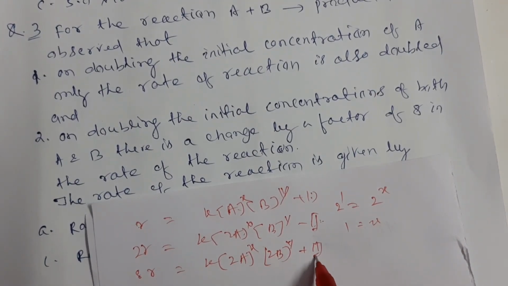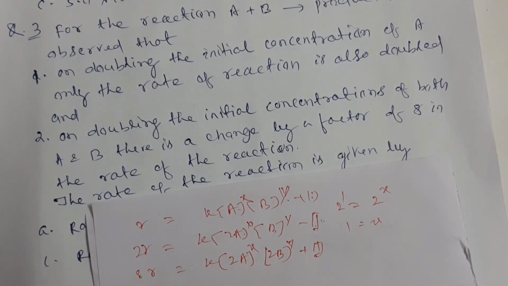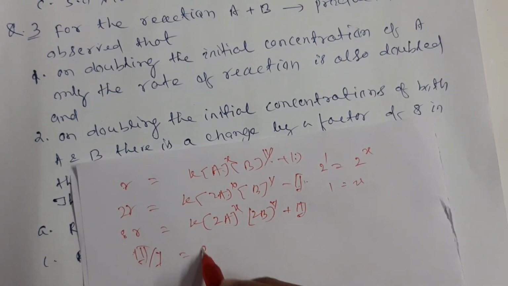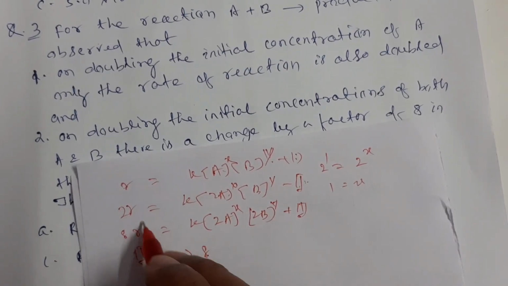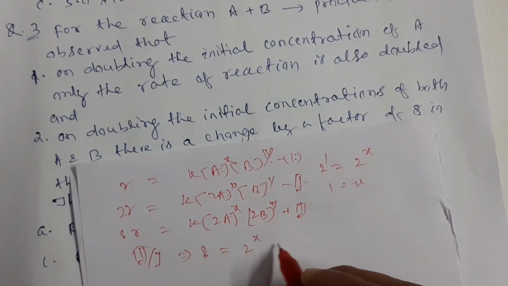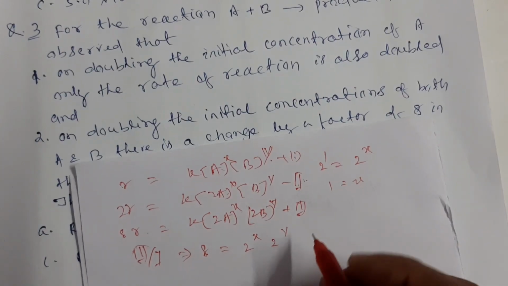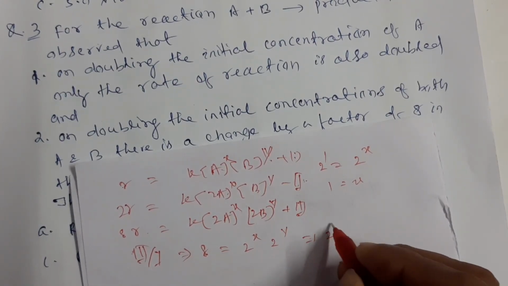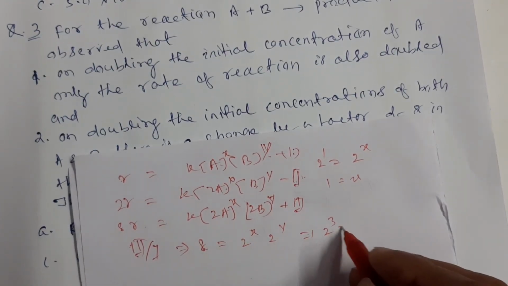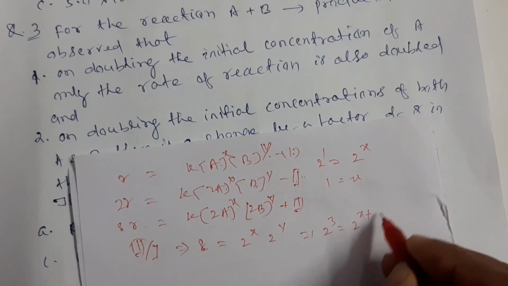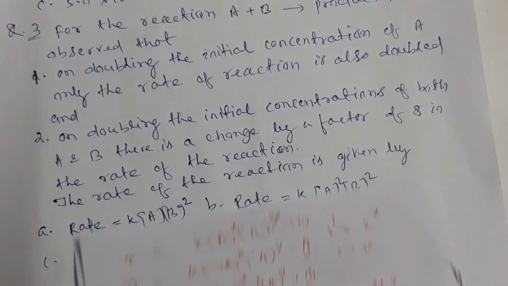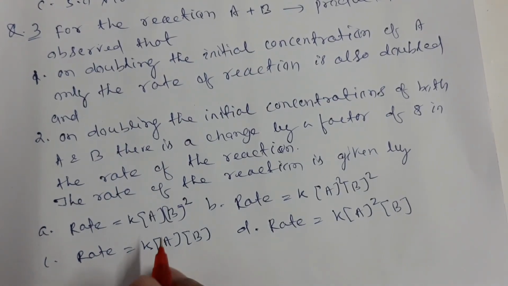When you divide 3 by 1, you will get 8 is equal to 2 to the power x plus y, that is 2 to the power 3, so x plus y is 3. Since x is 1, therefore y is equal to 2. So your choice A is the correct answer.